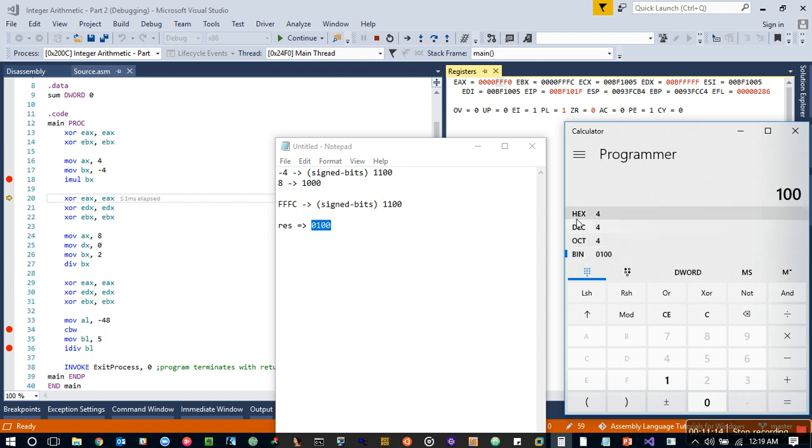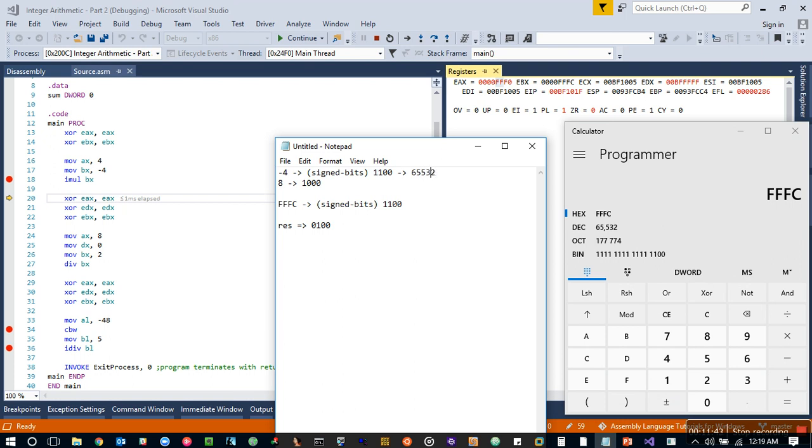When we talk about minus 4, it is actually stored as FFFC, which is actually 65,532.